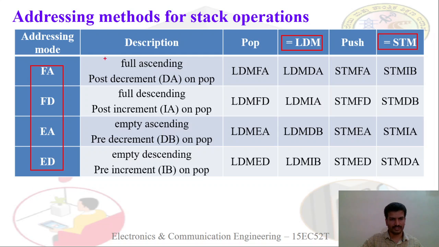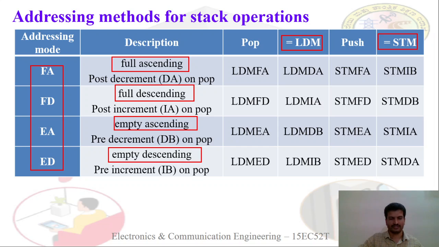What is FA? FA means full ascending. Now you know the meaning of full and the meaning of ascending. FD means full descending. EA means empty ascending. ED means empty descending.